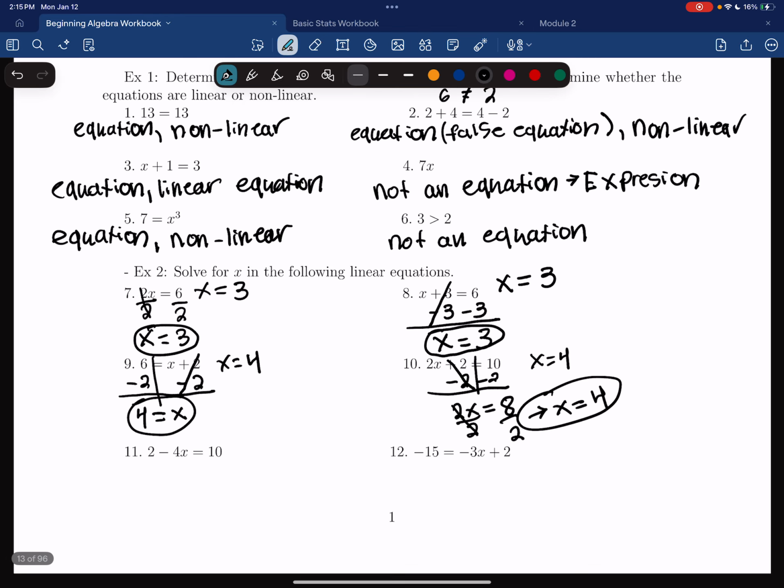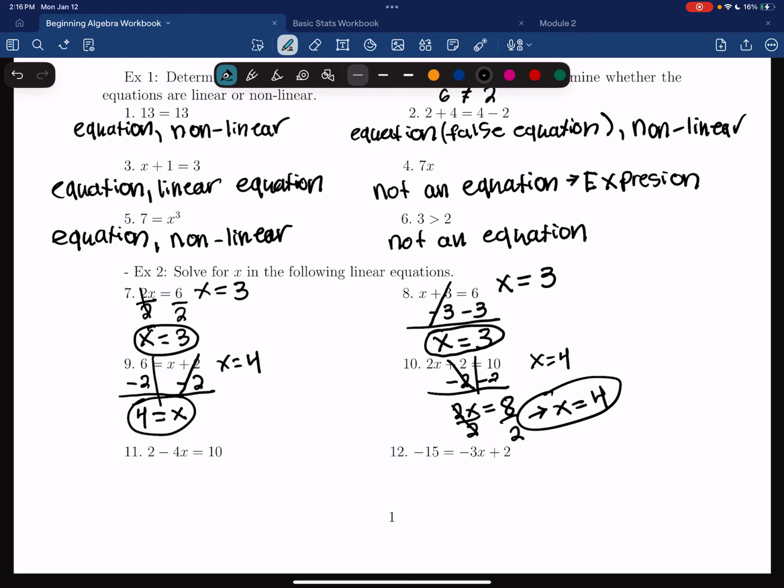Looking at example 11, I encourage you to pause the video and try this one on your own. And assuming you have worked through it, let's go through it together. So we have 2 minus 4x equals 10. So we know, as I stated before in example 10, to solve a linear equation, you first have to cancel out any addition or subtraction.